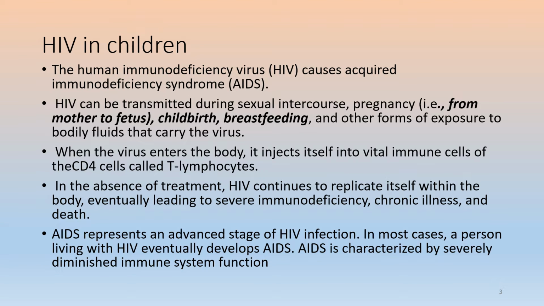And HIV in children, HIV is a viral infection in which the virus primarily infects the T lymphocytes, which is part of the CD4 T cells, and it causes immunodysfunction.